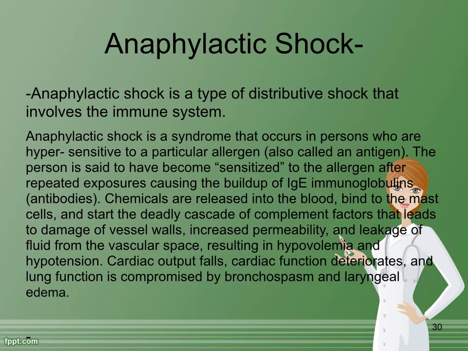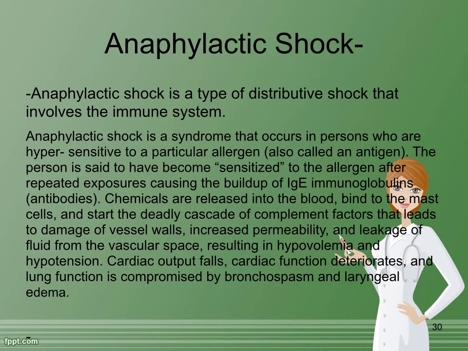Once the foreign substance gets inside the body, the inflammatory response is activated, and then the immune system kicks in to defend the body against these invaders. Some immunoglobulins come and play their role. So this is what is happening in anaphylactic shock.